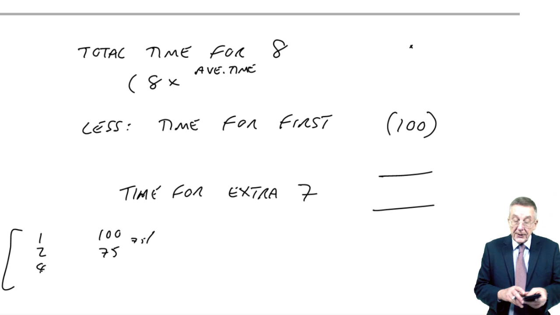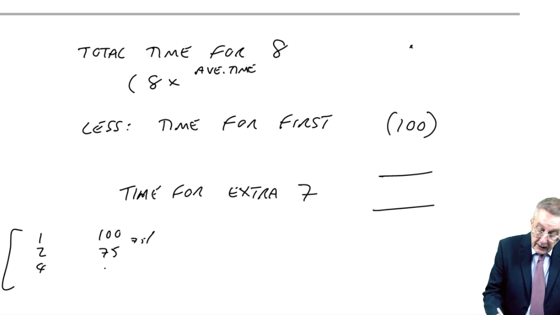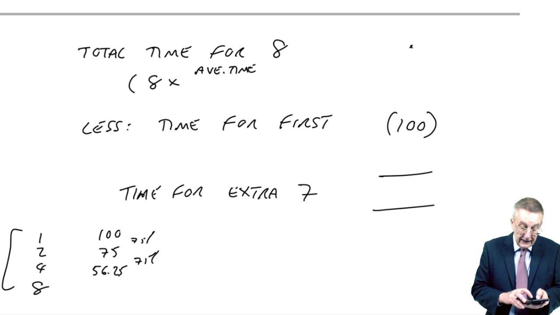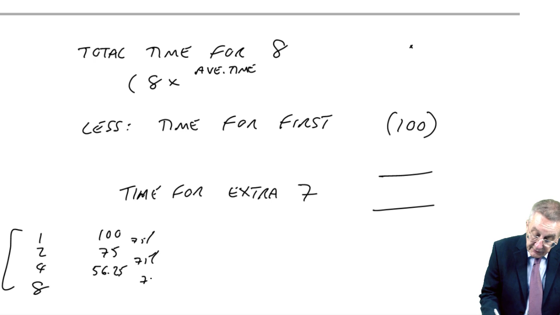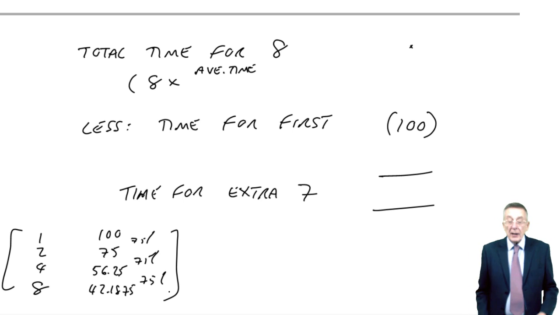Double again is 4 units. I know I did before, I'm not going to wind back. 75% is 56.25. Double again is 8 units. 75% is 42.1875. So once you've got the hang of it, you can do that pretty quickly.